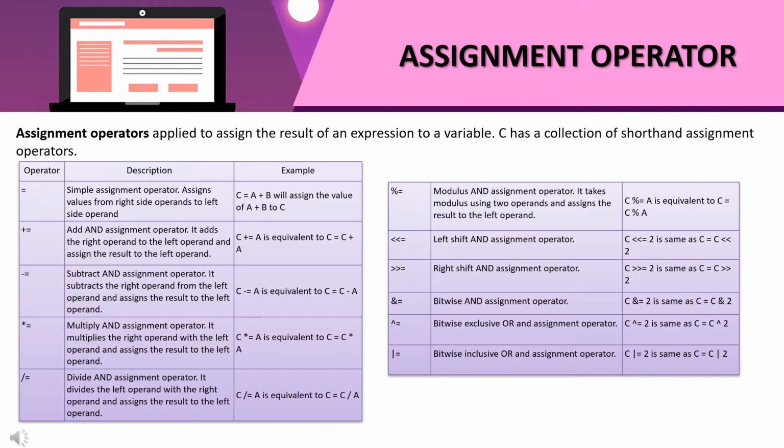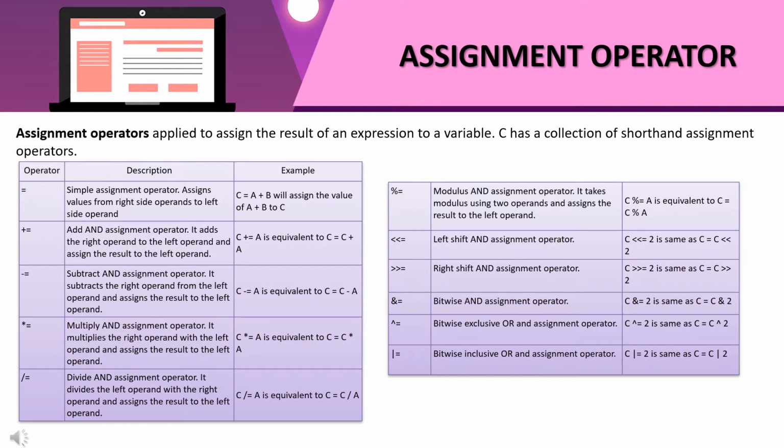Now this operator, the plus sign with the equal to sign, is the add and assignment operator. It adds the right operand to the left operand and assigns the result to the left operand.